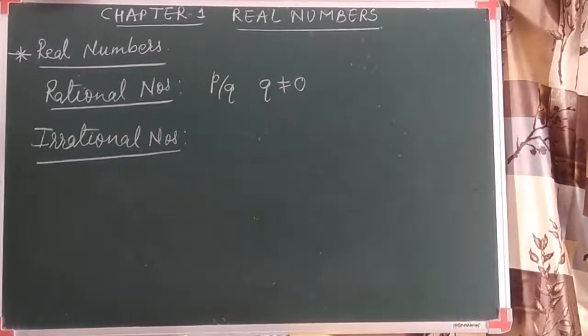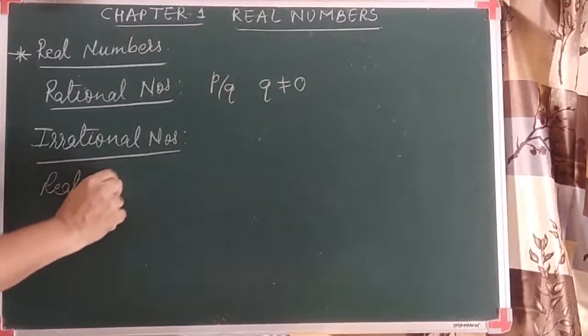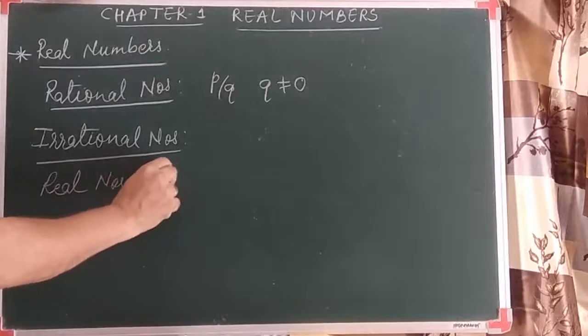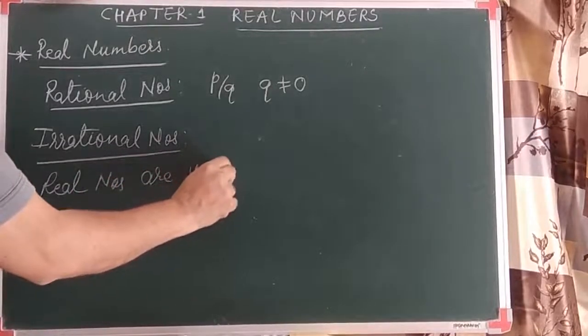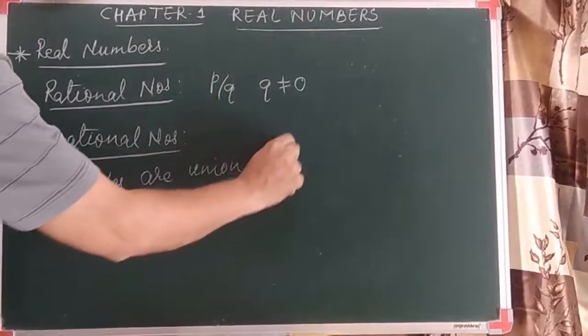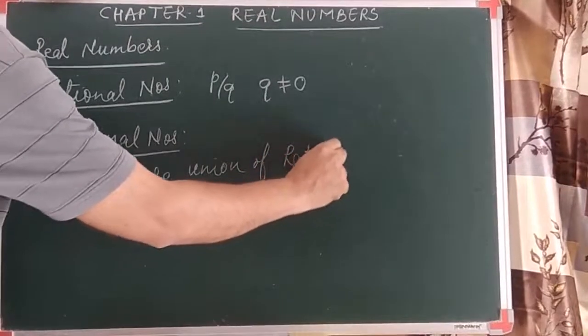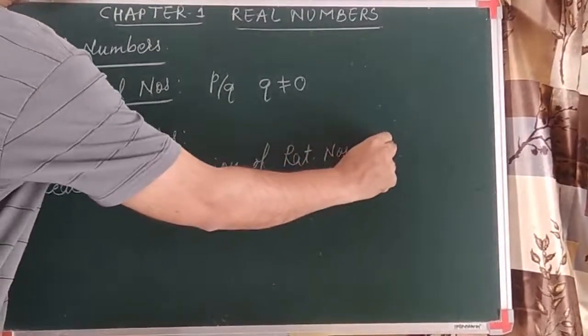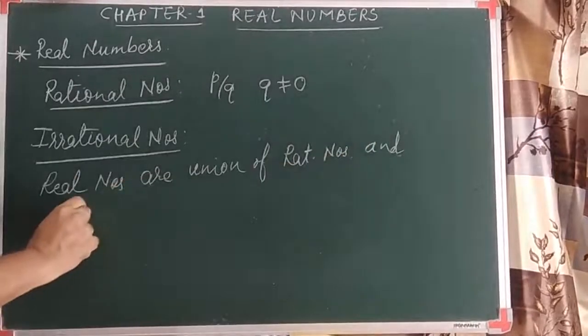So what are the real numbers? Real numbers are the union of rational numbers and irrational numbers.